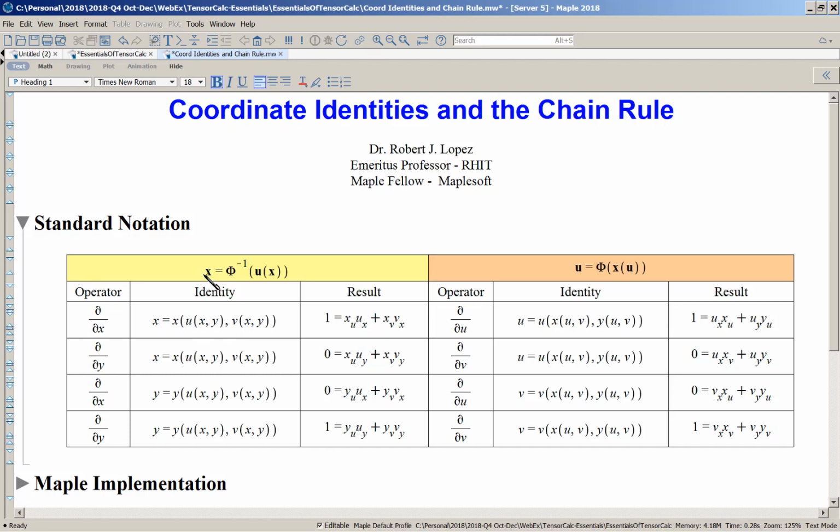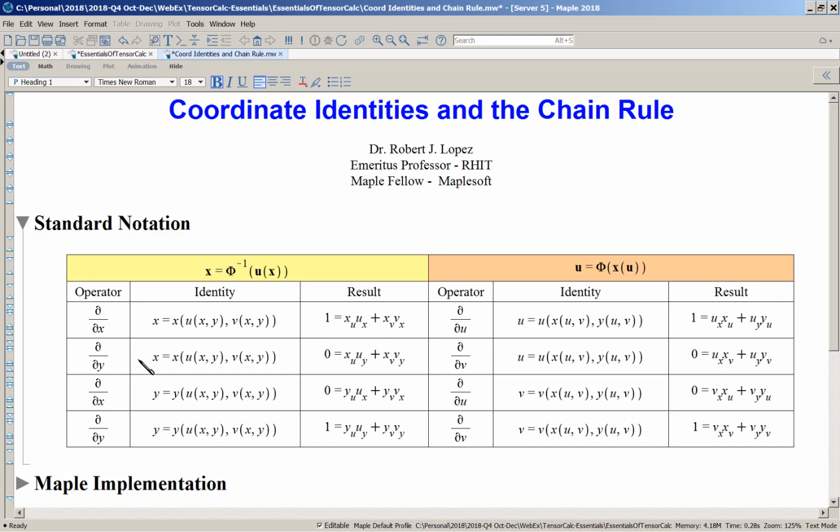You have x as a function of u and v, but u and v in turn are functions of x and y. And you differentiate first with respect to x. This x differentiated, you get a 1.